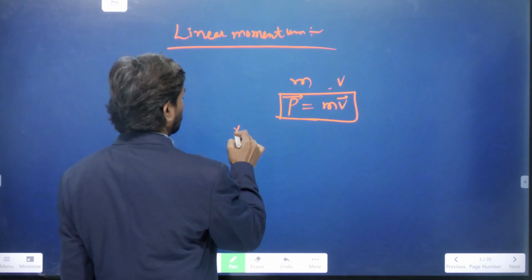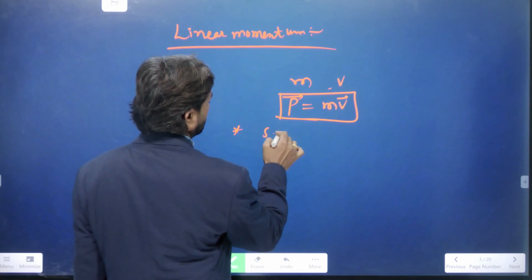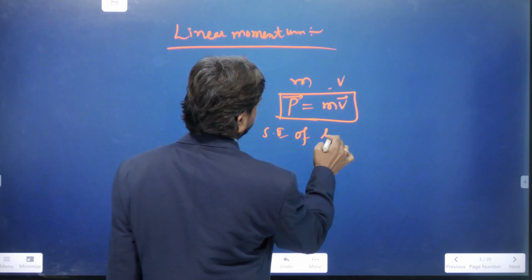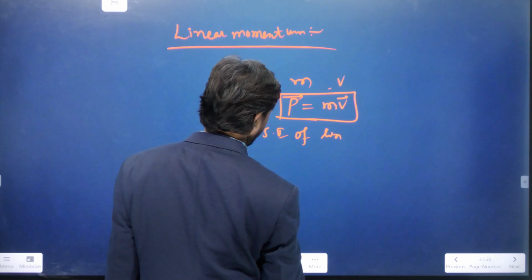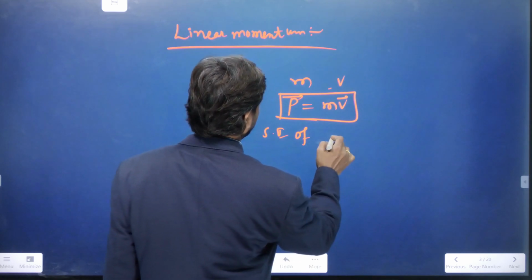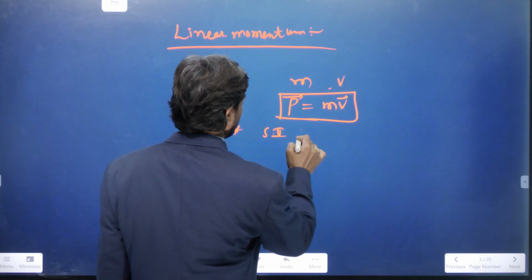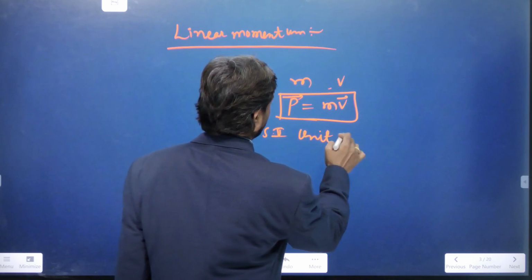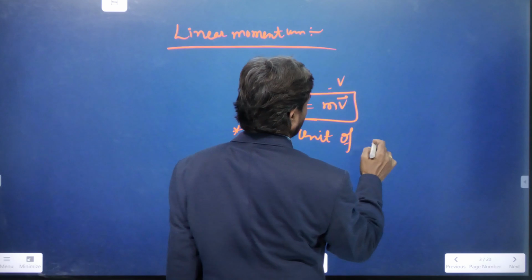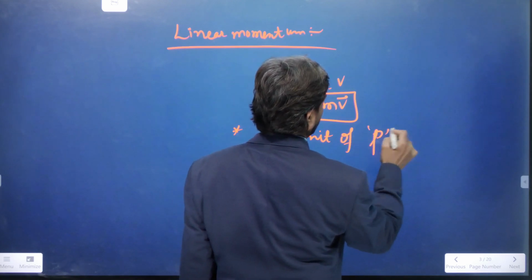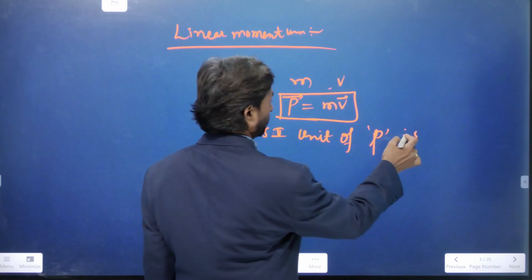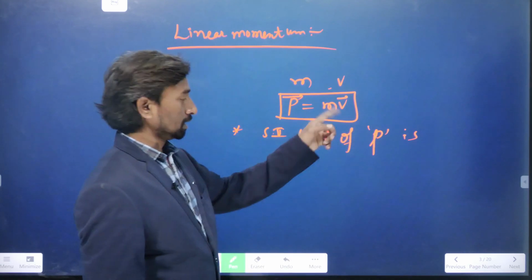The SI unit of linear momentum P, from its formula, is kg meter per second.